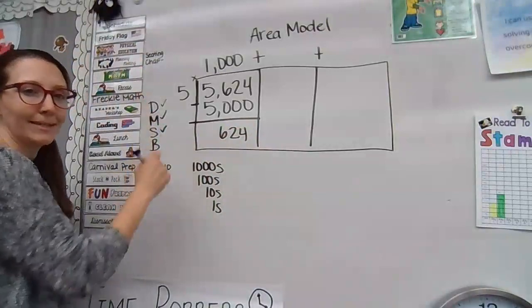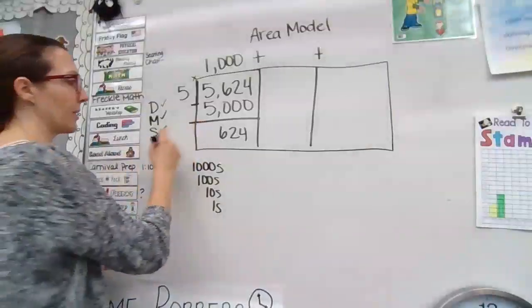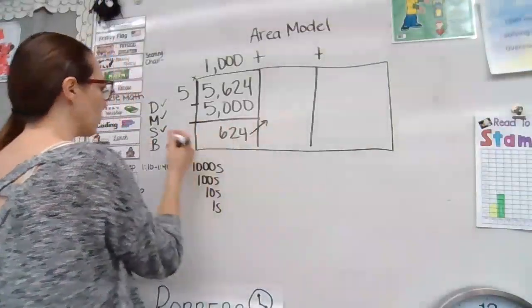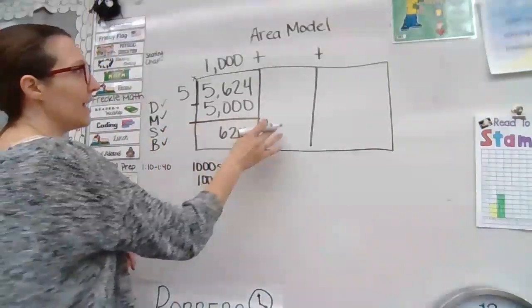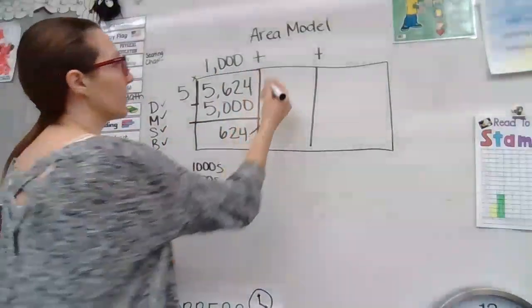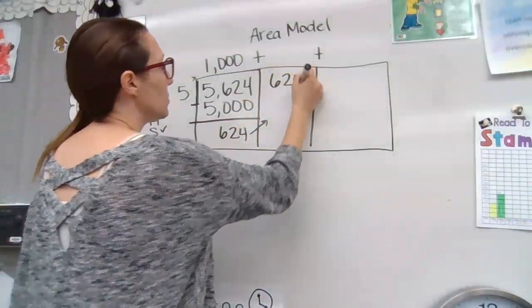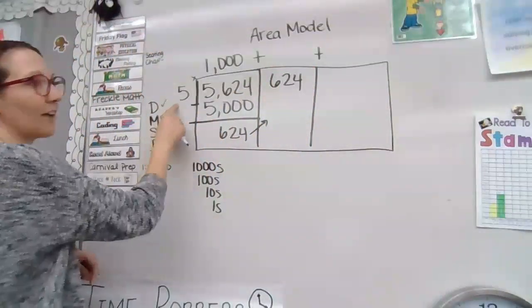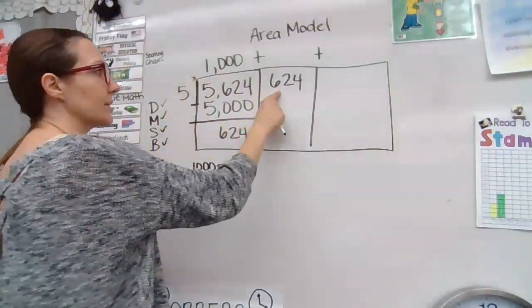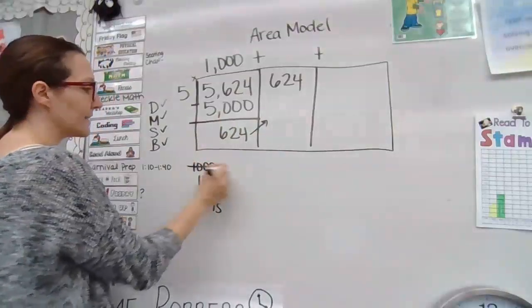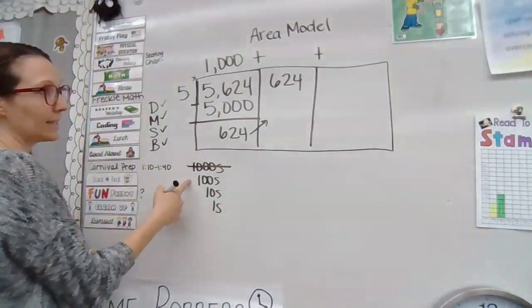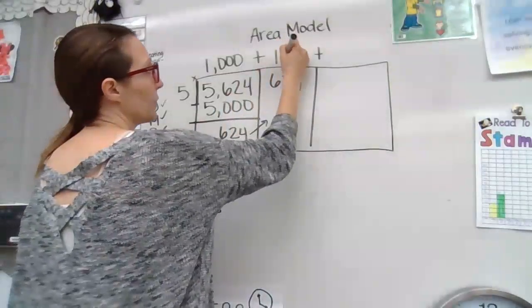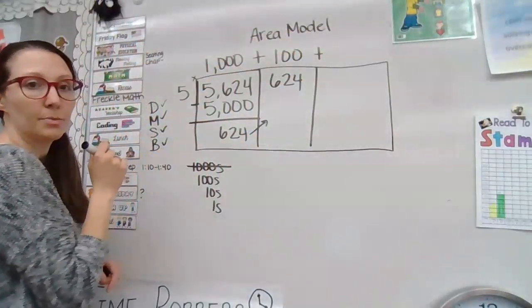The B stands for bring down when we're doing our traditional method. I say the B here stands for bring over because we've run out of space. Now we're going to move to a different place value. I want to know how many groups of 5 I can take out of what's left, which is 624. I can't take out any more thousands, but I can take out 100 groups of 5.